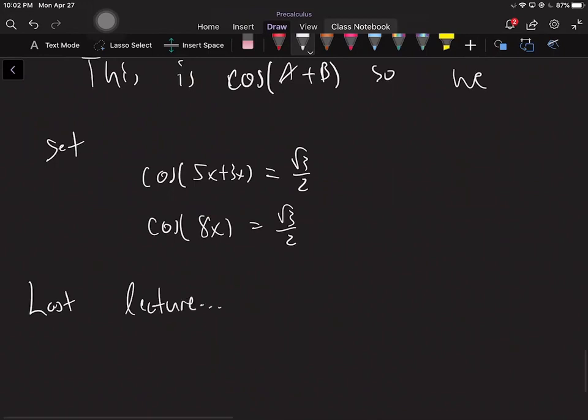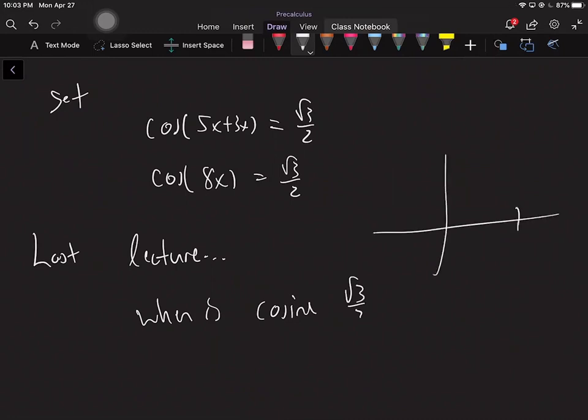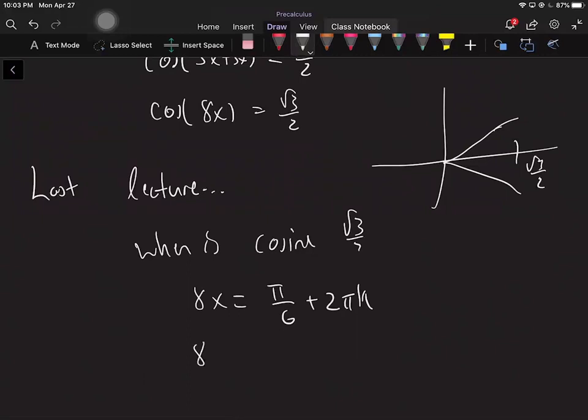So how did we solve this last time? You say, when is cosine root 3 over 2? So maybe you draw a little picture to help you figure out those x values, or those angles that get you that x value, and it's pi over 6. And so that's what you set the inside to be, plus a full rotation amount. Or it could also be 11 pi over 6. And then you divide by 8.